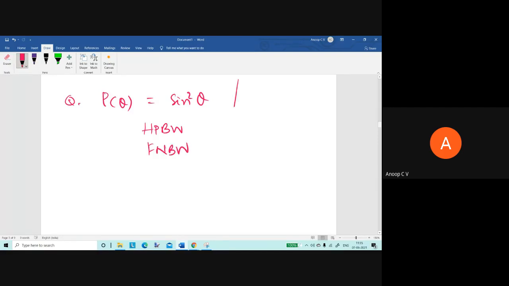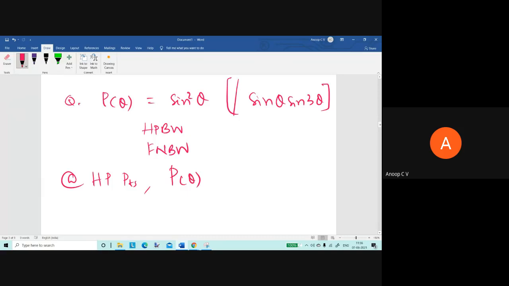Or it can be sine theta times sine 3 theta. You can solve all these. For P of theta, how will you find the half power beam width? It's simple. You have to write at half power points.